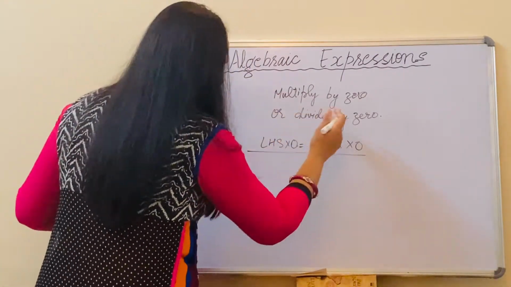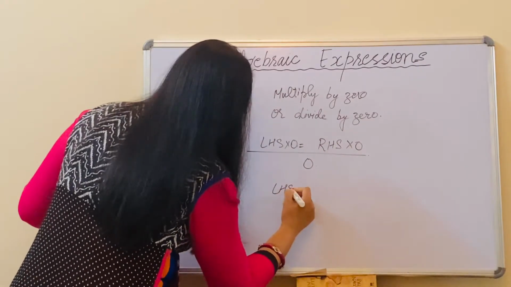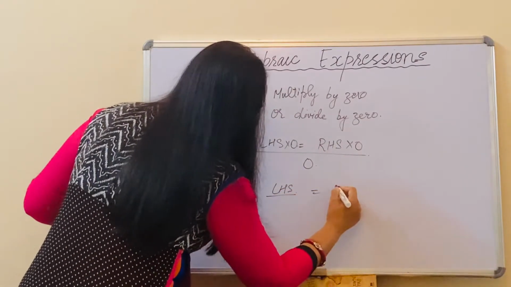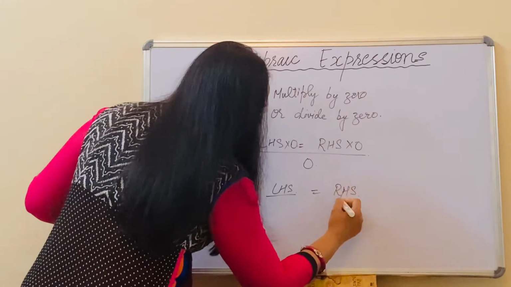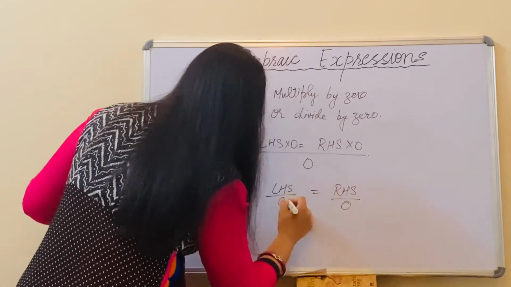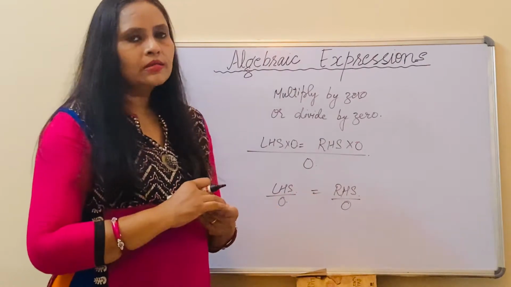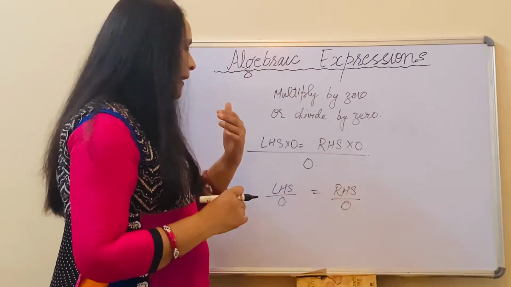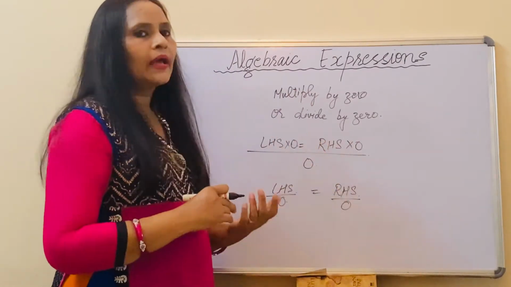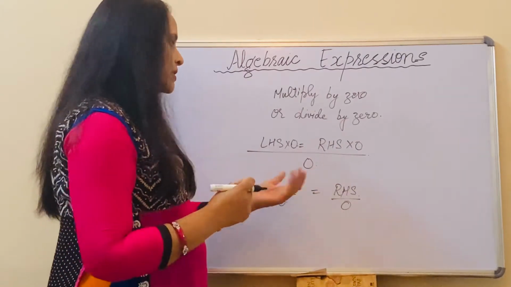If we divide the left hand side and right hand side by 0, what will happen? We will get undefined numbers. So we deliberately avoid multiplying or dividing by 0.